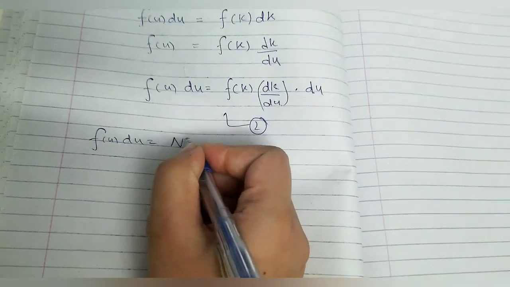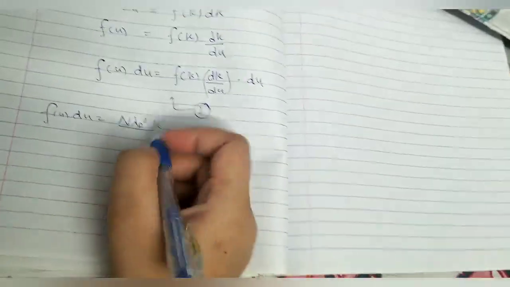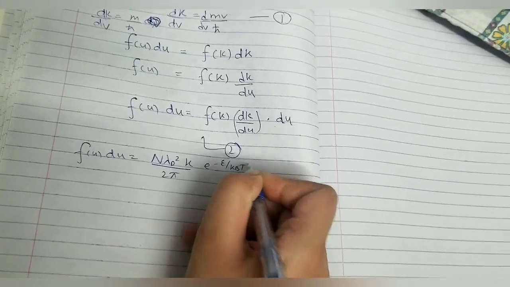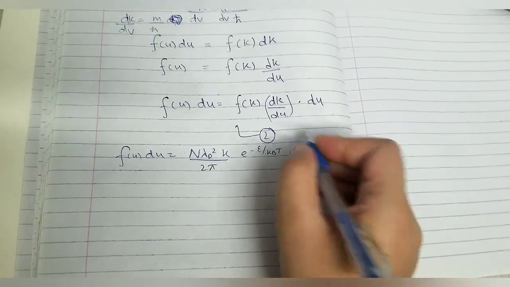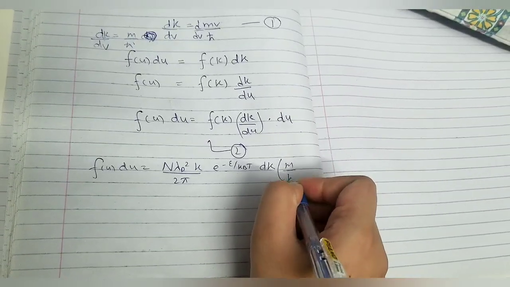f of u du, let us put the value of f of k, which is here. It is n lambda d square k by 2 pi, e to the power minus e by kbt, then dk. So dk by du, we know, is equal to m by h cut. I'll put that here.